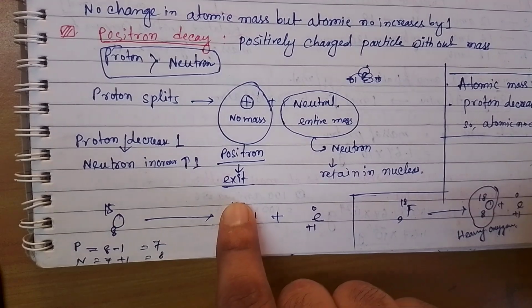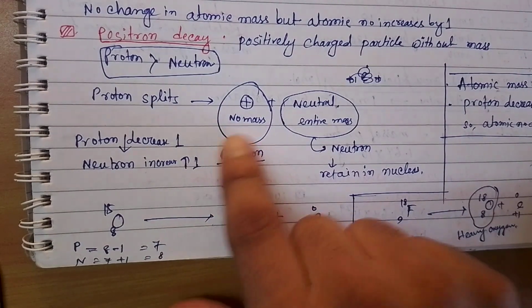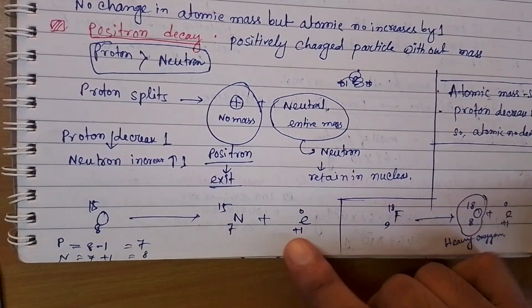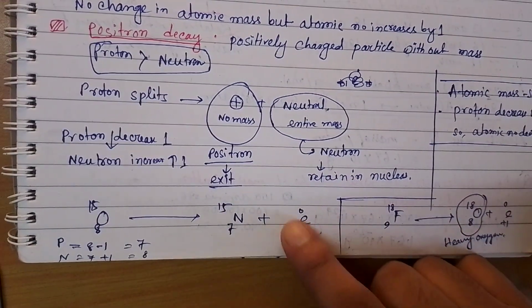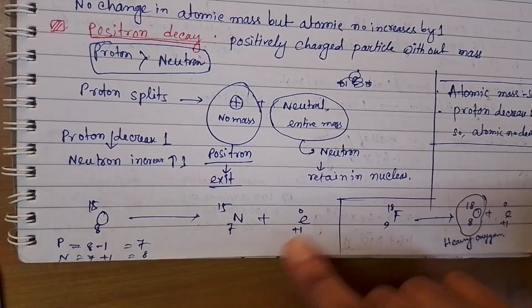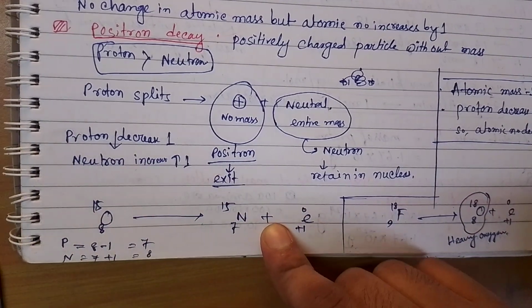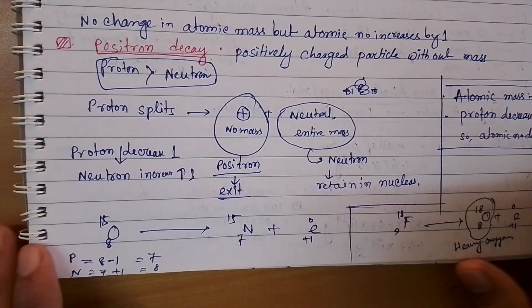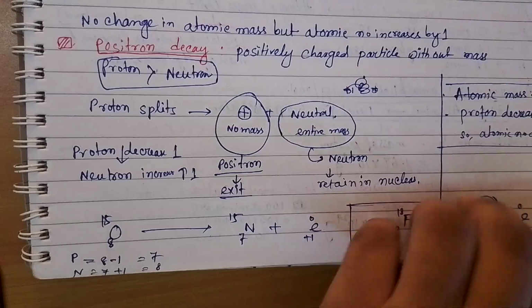The mass number will be the same because the positron is only a charged particle. So one positron exits from that reaction. Hope you understand positron decay, negatron decay and alpha decay.